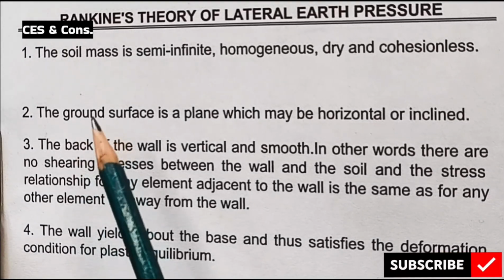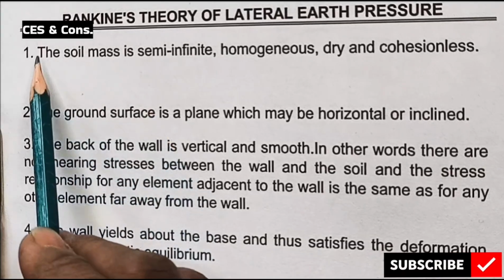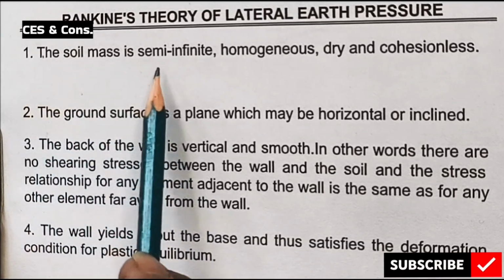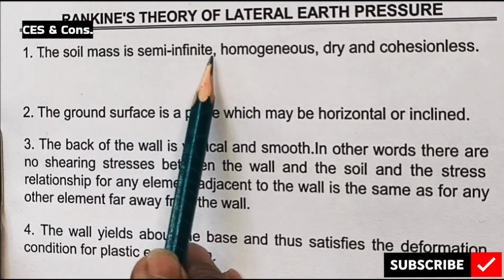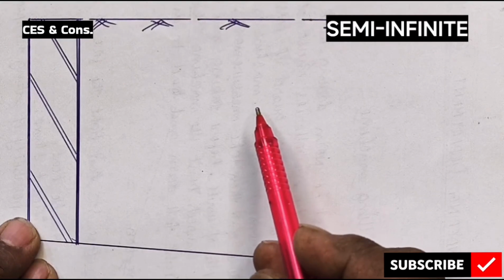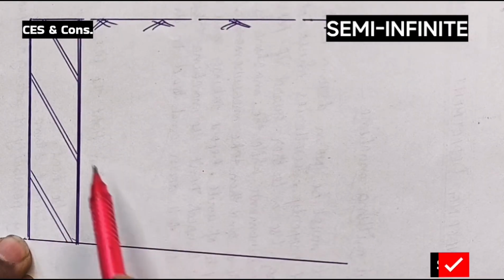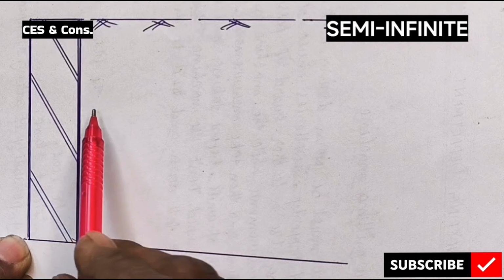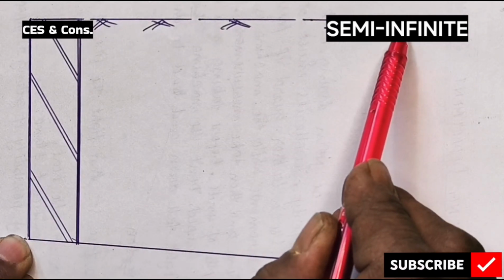Now I will explain each assumption in detail. In the number 1 assumption, there is one point that the soil mass is semi-infinite. So what is meant by semi-infinite soil mass? Say this is a wall which is retaining the soil mass on this side. This is the level of the soil.